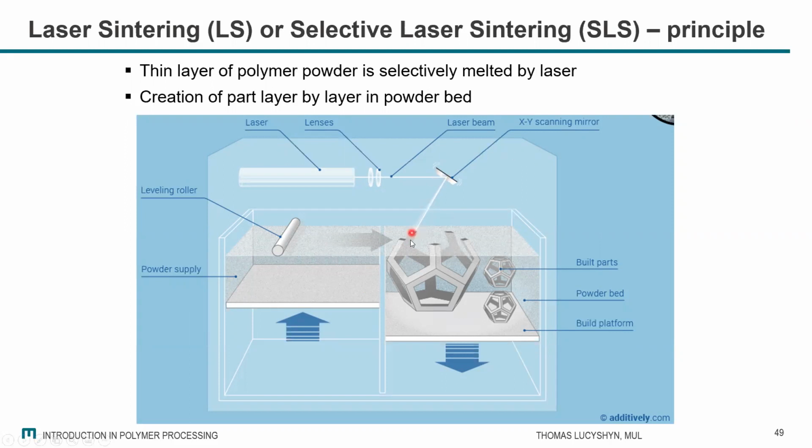So here you introduce the laser power, and then locally the powder is melted together into a solid material. And then this platform moves down a little bit, and the next layer of powder is pulled here. And then locally, once again, on different positions, you can melt the material, and then you get this final shape.